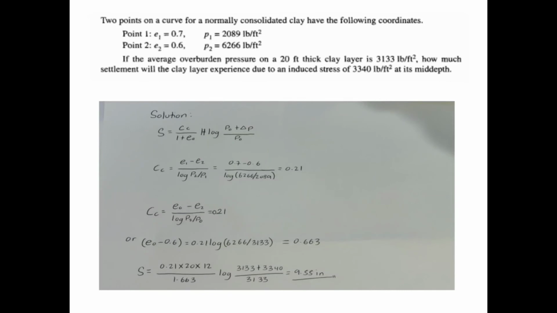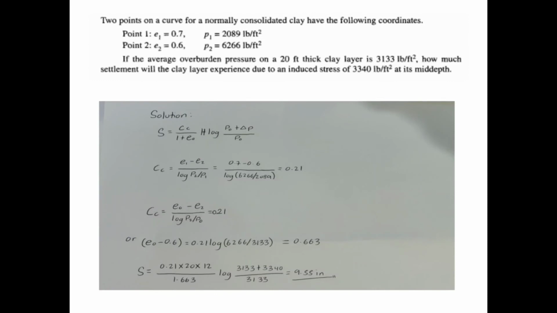P sub 2 equals 6,266. If the average overburden pressure on a 20 feet thick clay layer is 3,133 pounds per square foot, how much settlement will the clay layer experience due to an induced stress of 3,340 pounds per square foot at its mid-depth?